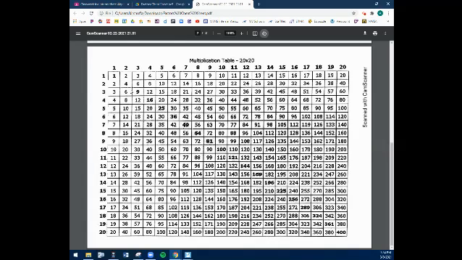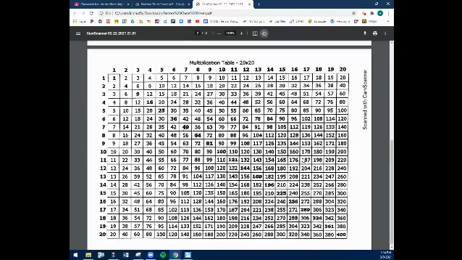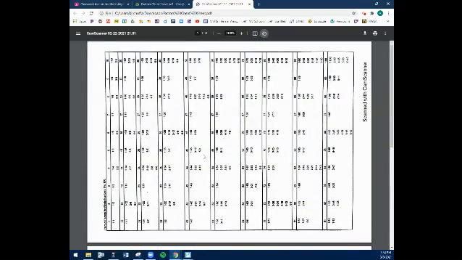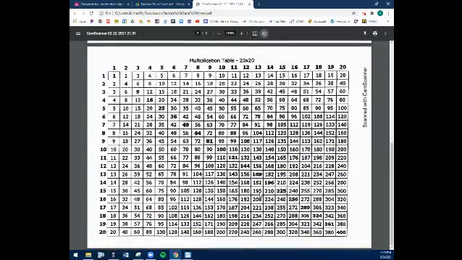So along the diagonal is the same number multiplied by itself, and that gets us those perfect squares. If you see this as a PDF and you can't rotate it, you do need to download it so that you can rotate. If you print it, you won't have that problem because you can just rotate it on your own.